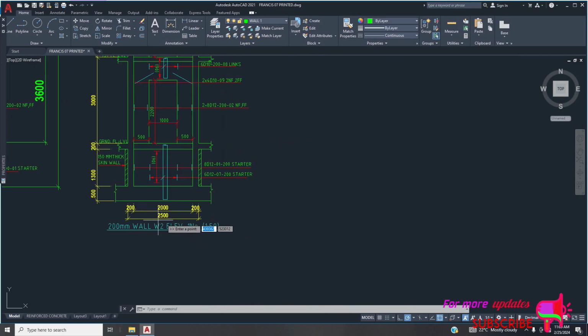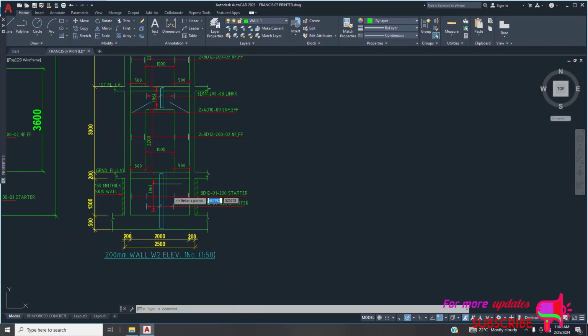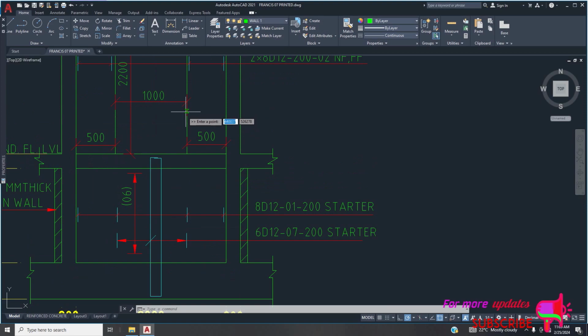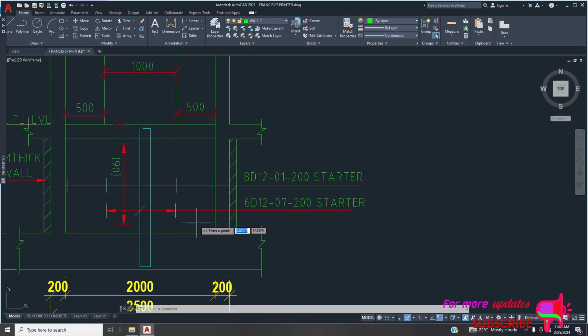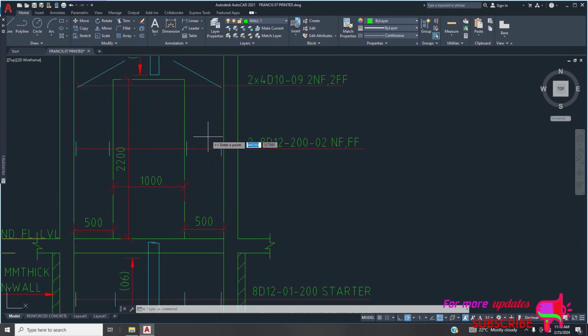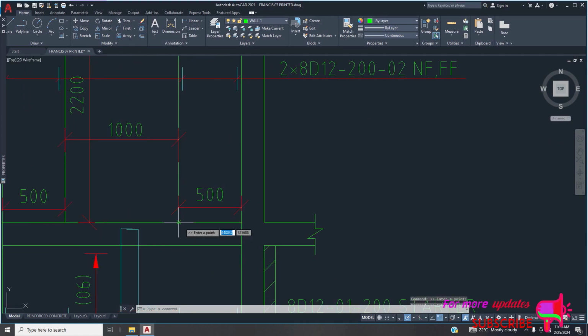So I hope you get what I'm trying to say. And then this one is basically doing it because we have an opening here, and just for consistency you will have to continue in the same manner up to the roof level. So here will be the total distance between here and here.